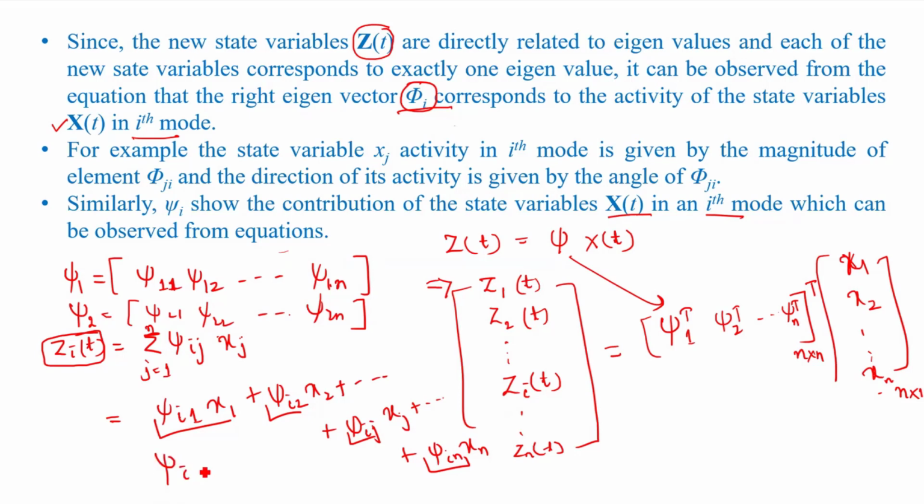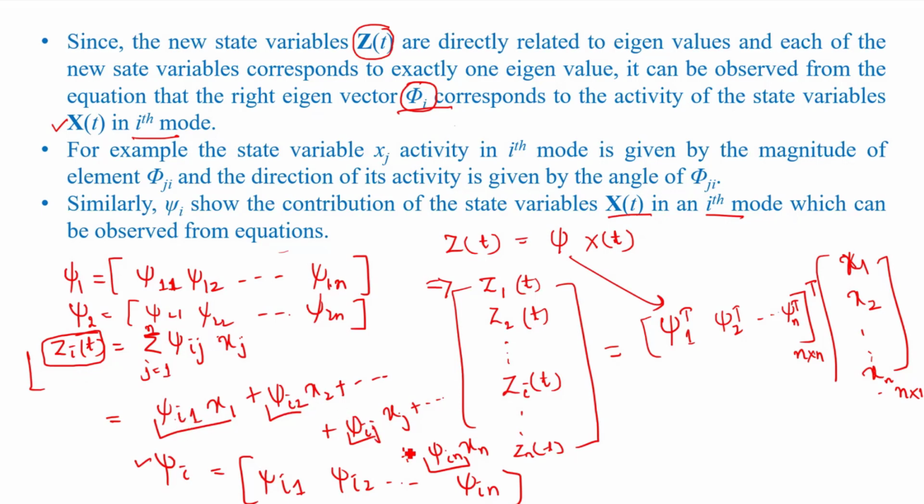So psi i, we know, is psi i1, psi i2, up to psi in. So this is the ith left eigenvector, which indicates the contribution of the state variables xj in the ith mode, right? We can see here from this equation.